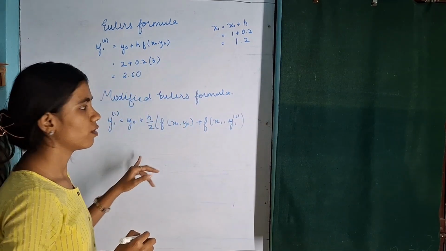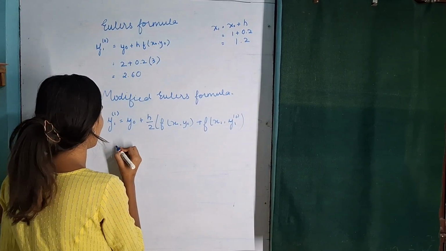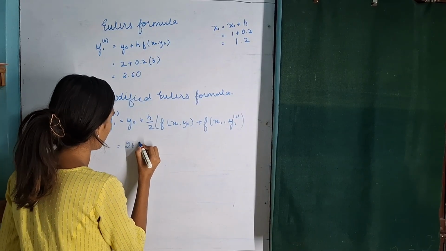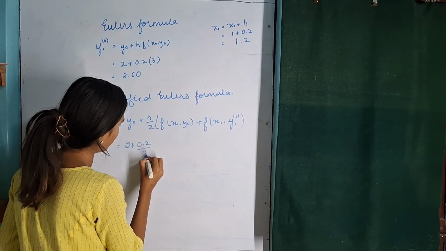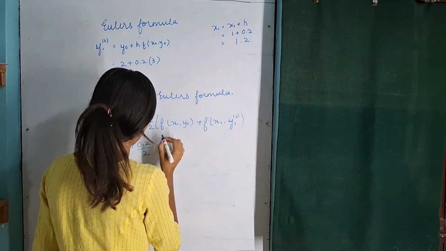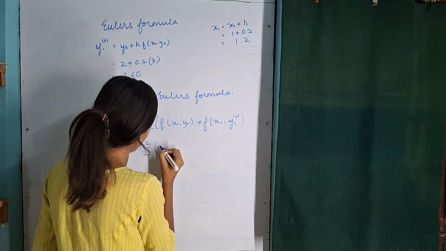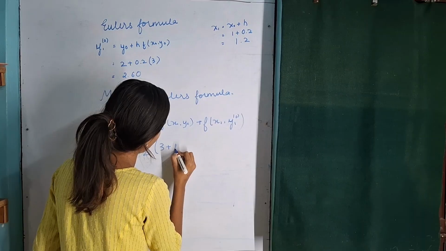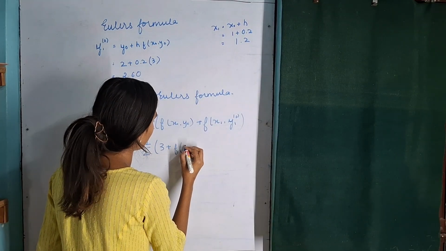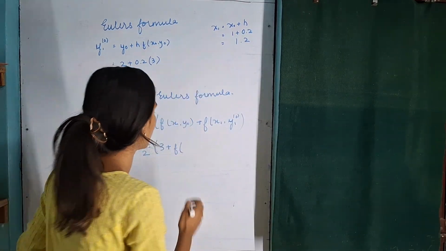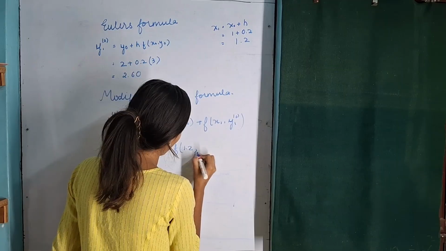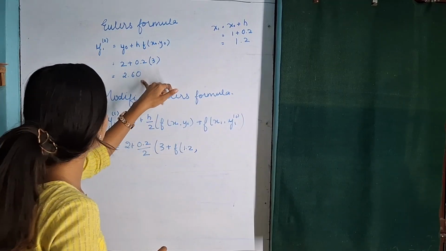This is your modified Euler's formula. Your y naught, you know it is 2, your h is 0.2 by 2, and your f of x naught is 3 plus f of x1, which is 1.2 comma your y1 of 0, we calculated it here.